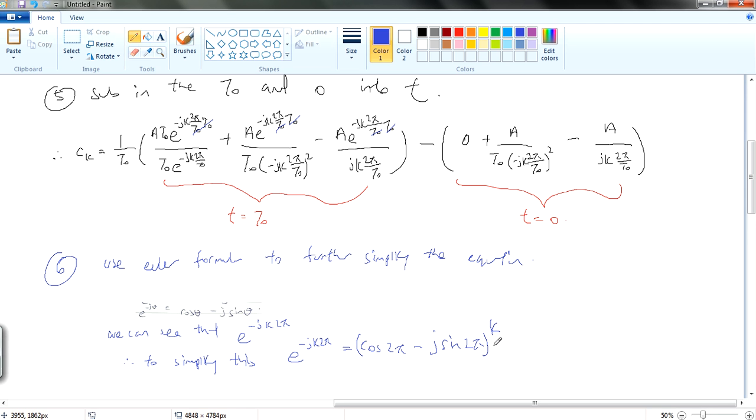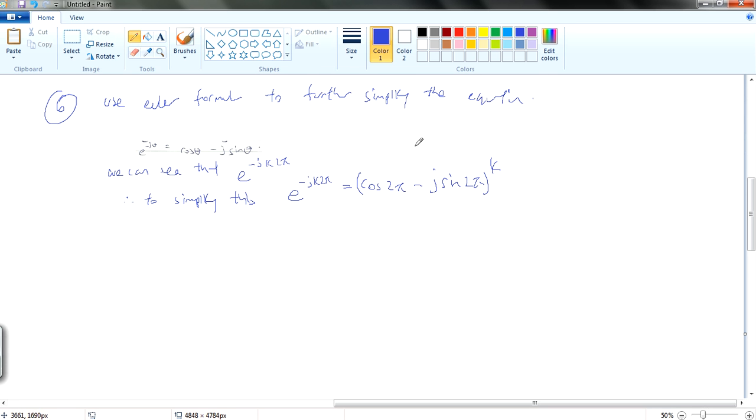equals to this. Okay, so when we sub in minus j 2 pi, you get this, right? And then the exponent is just k. So when you put in cosine 2 pi, this one will become 1 and this one will become 0, and therefore 1 to the power k is equal to 1.